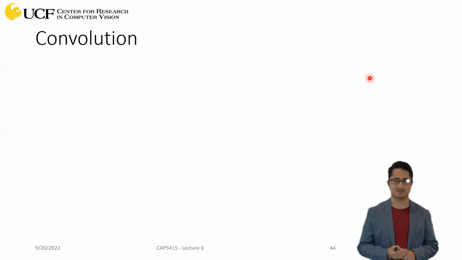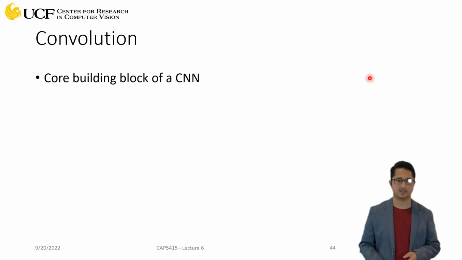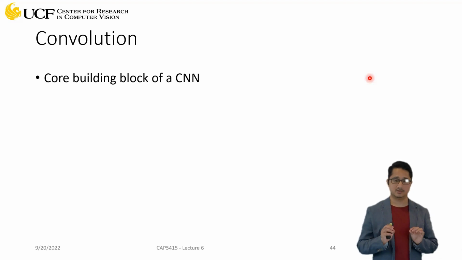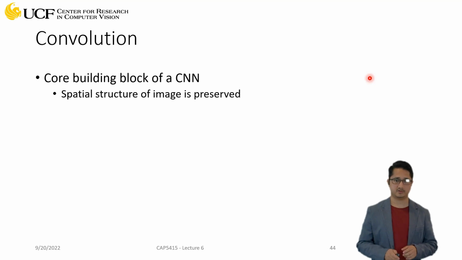It's just a term. Mathematically, it's not a big deal, right? Both are almost the same operations. And later you will see why it doesn't matter whether you perform convolution or correlation. We'll briefly talk about that. Okay, so this is the core building block, the convolution operation, and also you can say the correlation operation.